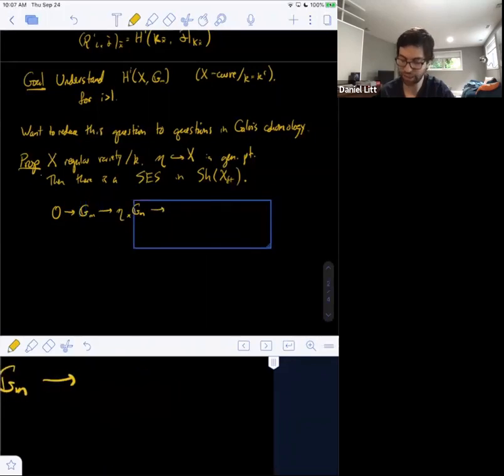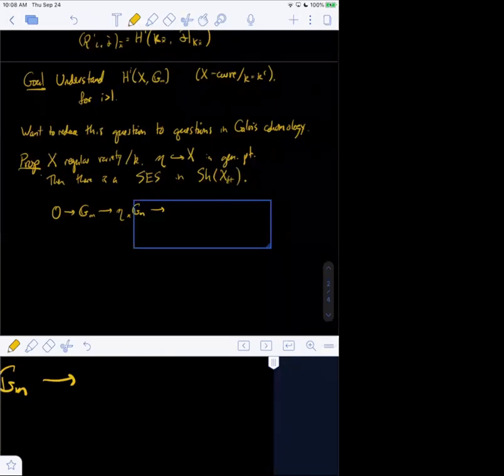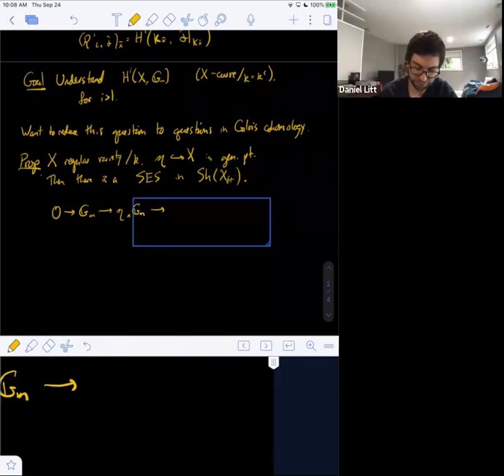And then, does anyone have a guess as to what the cokernel of this map is? Peter, you unmuted. Divide the group. I'm sorry? Divide the groups. Yeah, it's the sheaf of divisors.